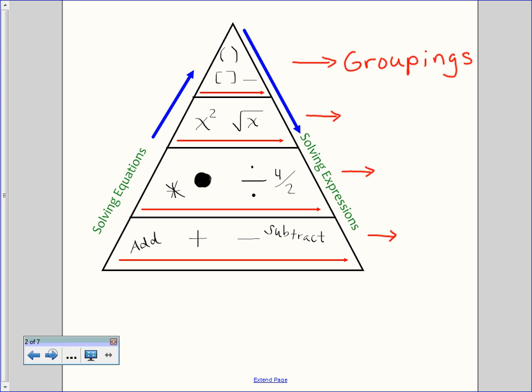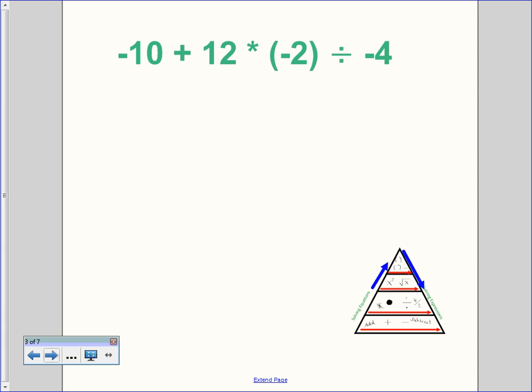Let's go ahead and start our first example. -10 plus 12 times -2 divided by -4. We're going to start with any groupings that we have, which we don't. The only parentheses we have signifies a negative number, so we don't have any groupings that we need to do.